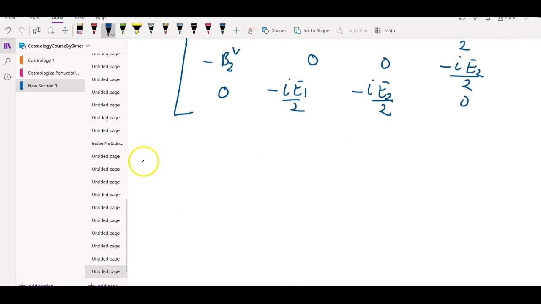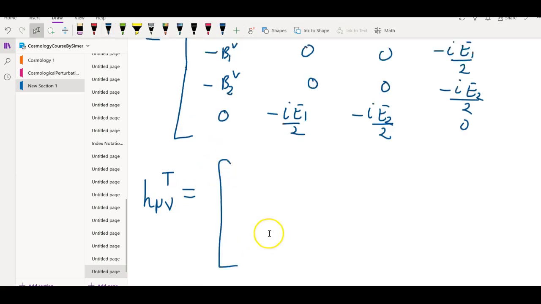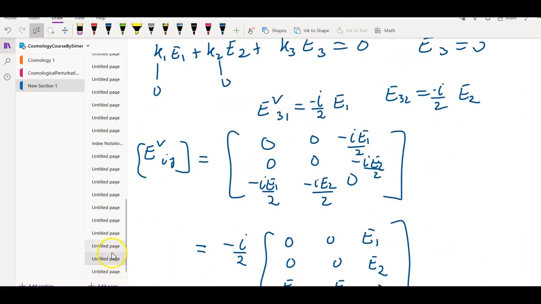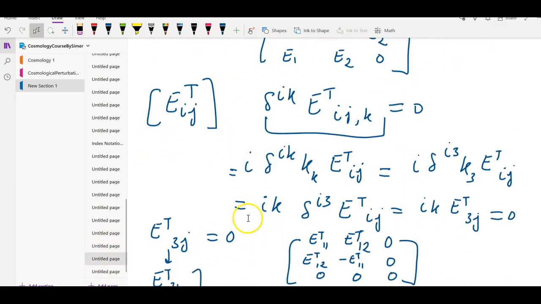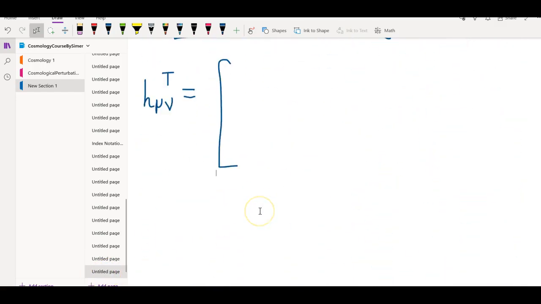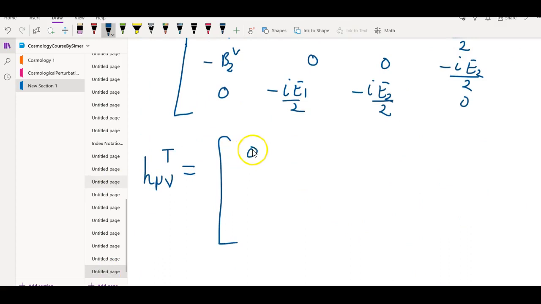Now let us look at the tensor components. ET11, ET12, ET12 minus ET11.